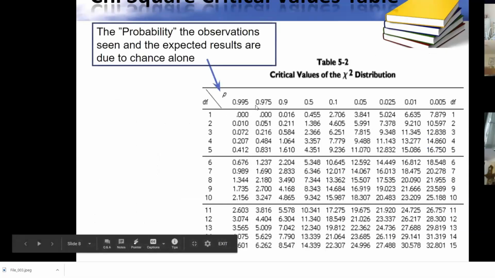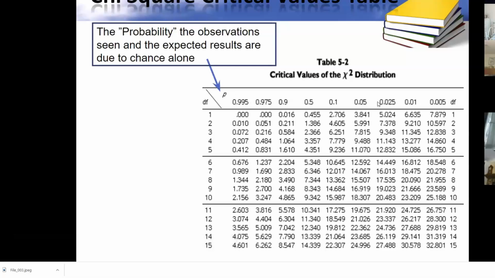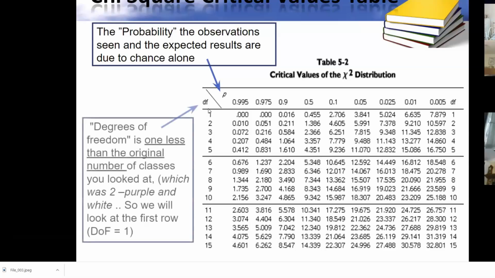First of all, P, this top row, is your probability. DF refers to degrees of freedom. The degrees of freedom is the number of variations you have minus 1. So we had a purple and a white.